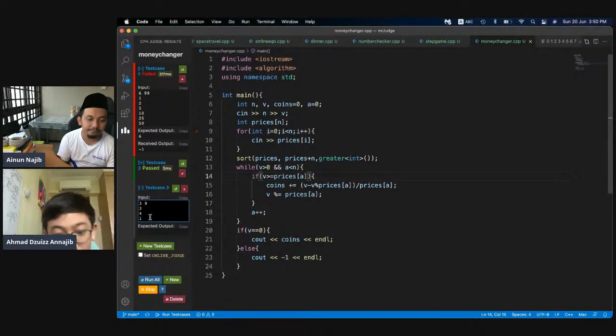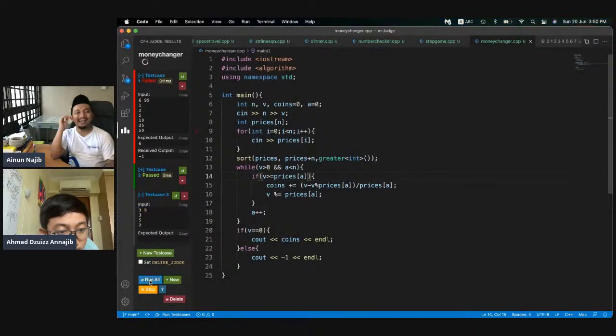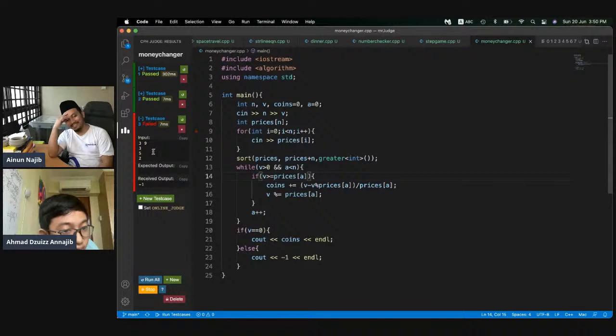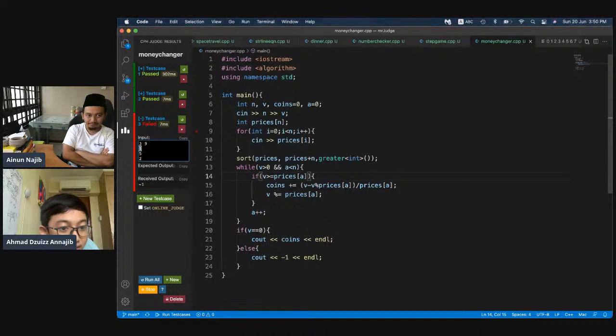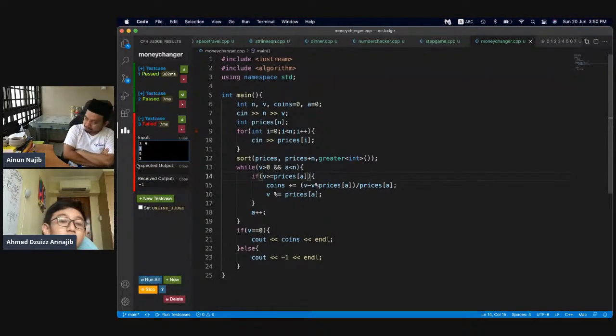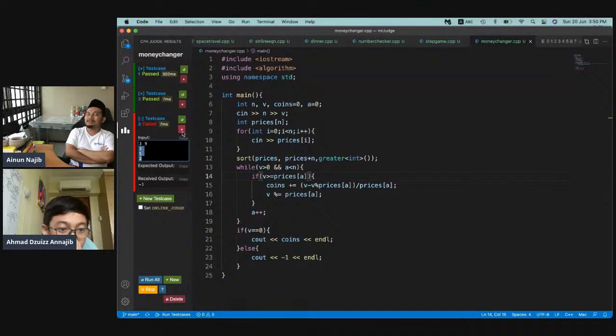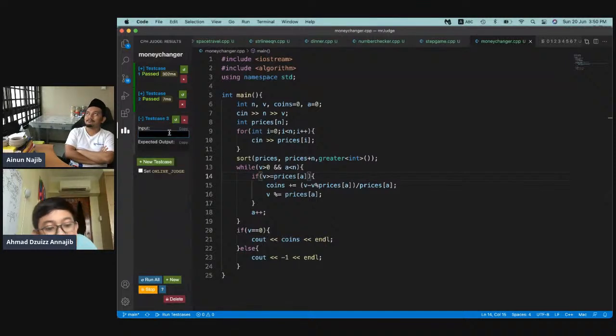No. 5 and 2. Oh yeah. Okay, I know. Let me think of a test case. It's better if it's 3, then 3 times. Actually, I don't know. No, I know. Let me think of an example.